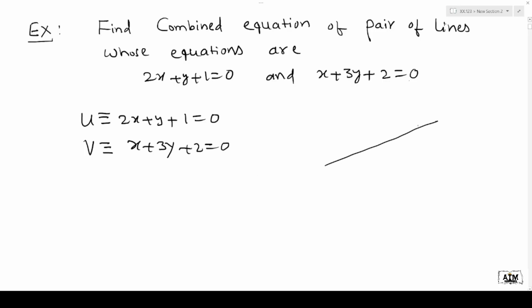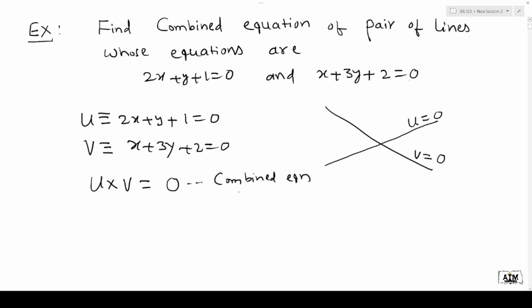This is the first line, this is the second line, and the first line is u equals 0 and the second line is v equals 0. We need to combine both the equations, that means multiplying both of them, u into v equals 0. u into v equals 0 is nothing but the combined equation of the pair of lines. These are the two lines together and we are writing a single equation.